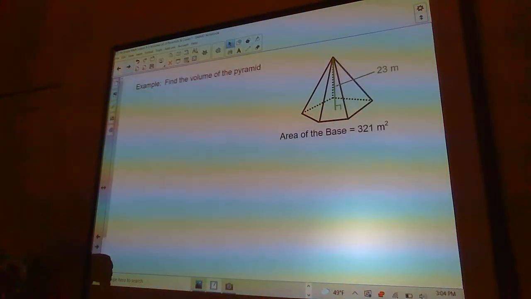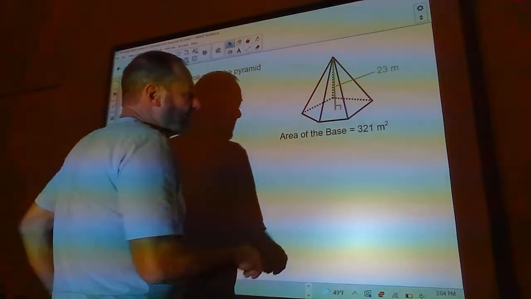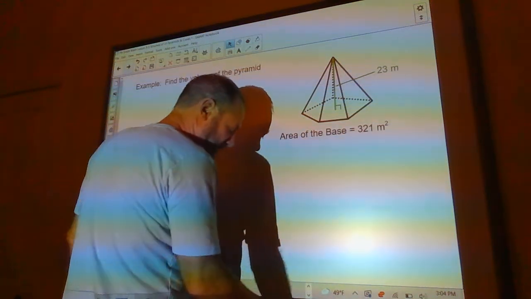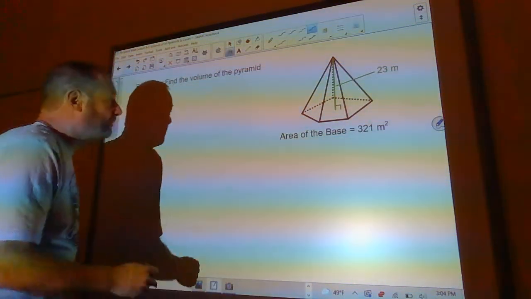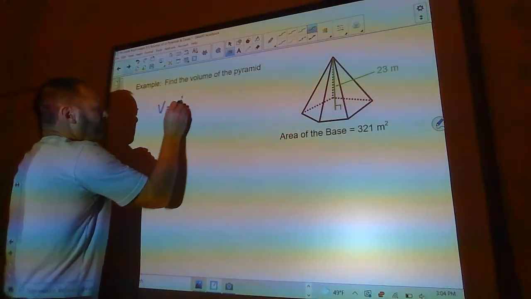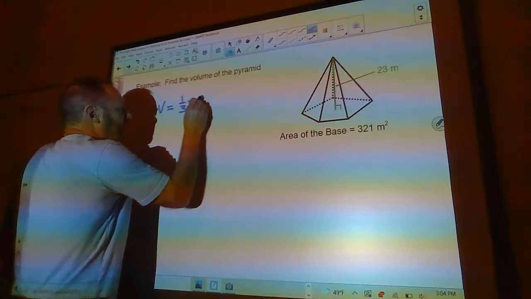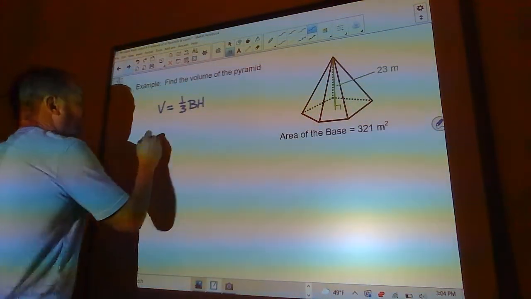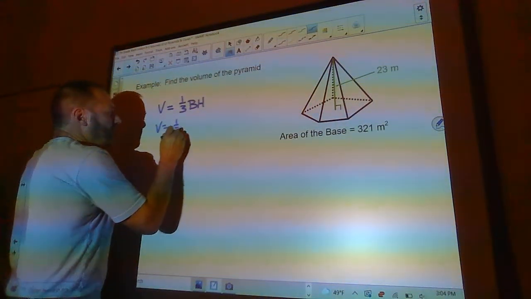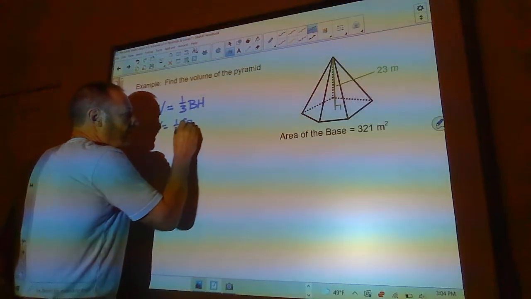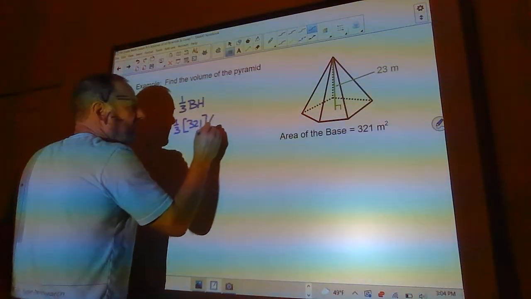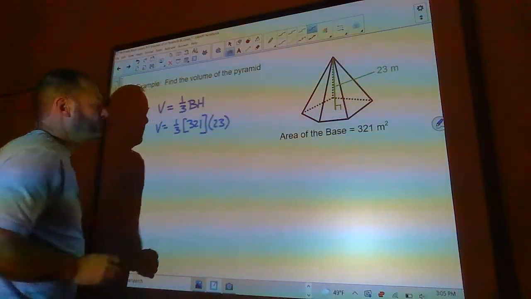Here we have a pentagonal pyramid. It has a base area of 321 and a height of 23. So the volume is going to be 1/3 the base area times the height. Now the base area, we can just fill things in here: 1/3 of 321 is the base area, and the height is 23.